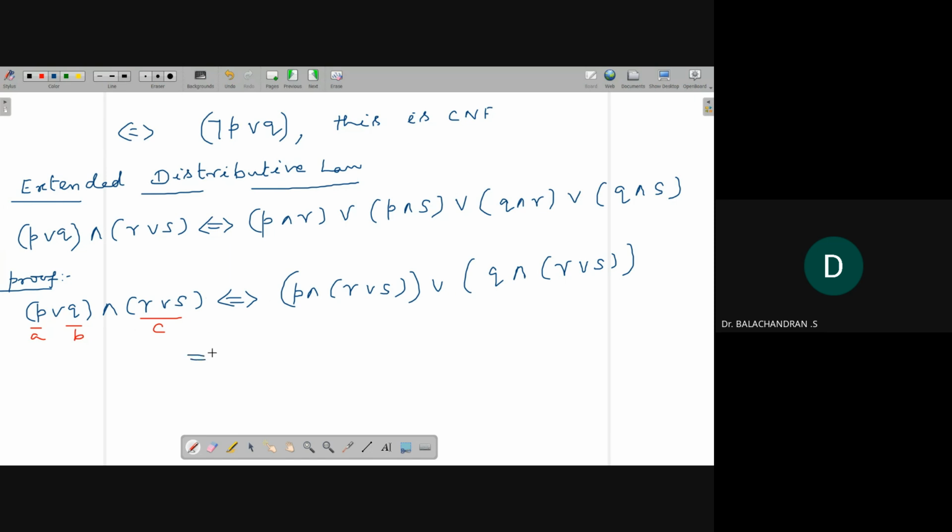If you apply one more time the distributive law, you will get the extended distributive law. So if you apply distributive law two times, you will get P and R, P and S, Q and R, Q and S. So this is the extended distributive law. Using this, we will solve one problem.